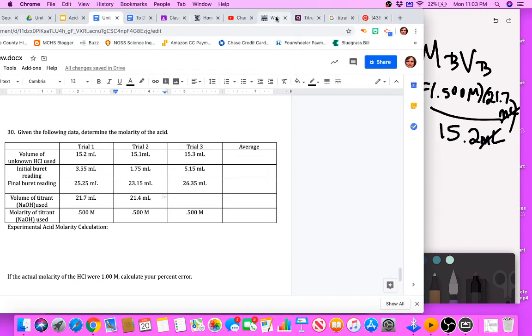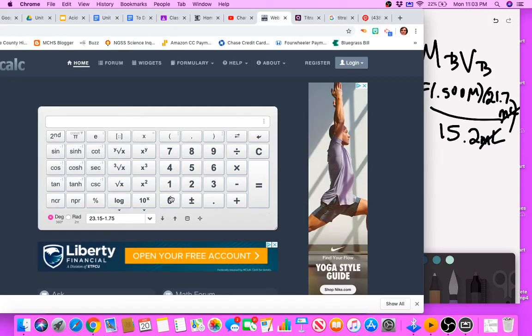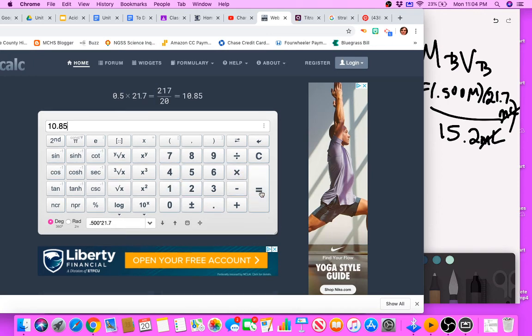So let's type this in our calculator. 0.500 times 21.7 equals, and then divided by 15.2 equals. And I get 0.714.